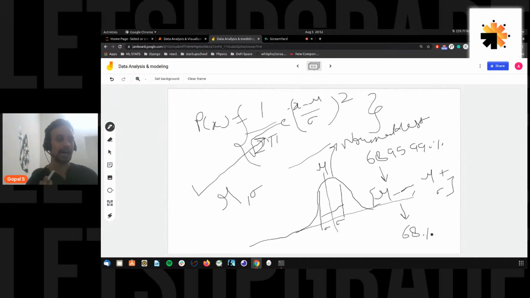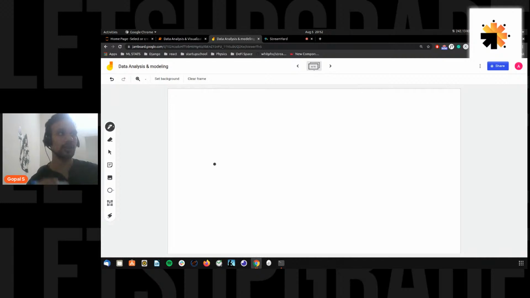Let's say I am pretty sure that my data set follows a normal distribution. Let's say I have a data set of men's heights for India's population, and I know the men's height in India follows a normal distribution. Just assume this.